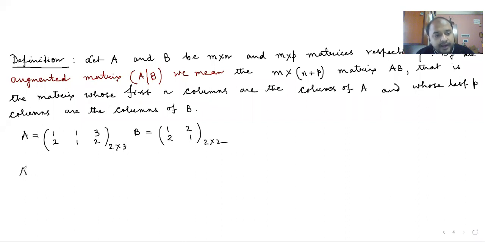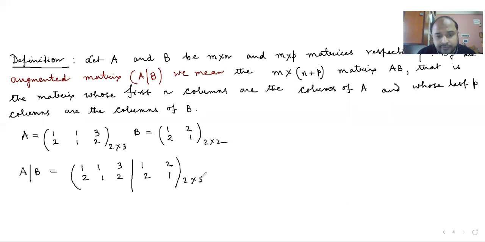If I want to augment the two matrices together, then I must write it in this manner, because this is the notation: 1 1 3, 2 1 2. It would be nice if you put a vertical bar just to make sure that you are augmenting things, and then 1 2 and 2 1. Now you see the order of this matrix is 2 by 5, which can also be written as 2 cross 3 plus 2.